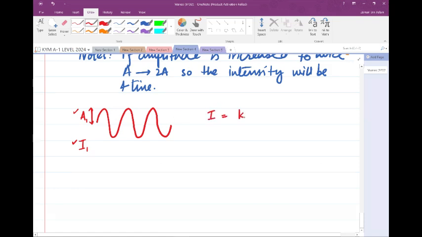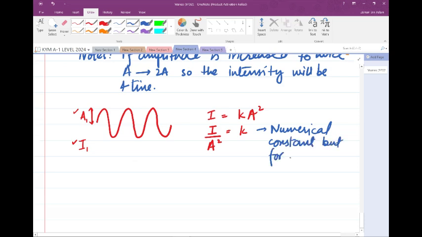Intensity is equal to K A square. From here, K will be equal to intensity over the amplitude square. This K is a numerical constant value. That means it's going to have a constant value and it's not going to change, but for a single wave.